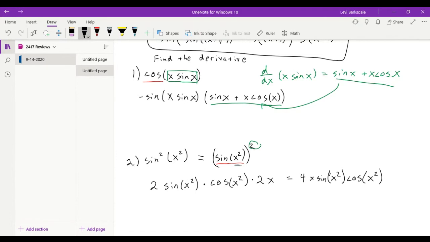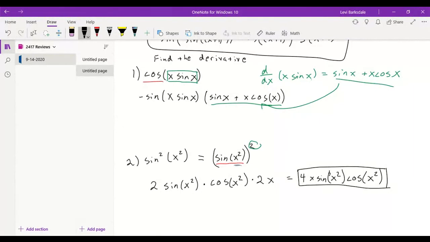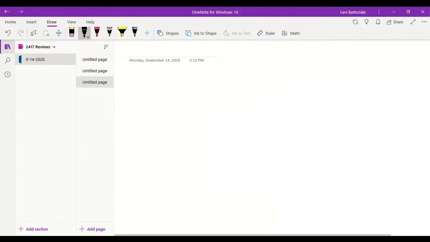And we could simplify that further using trig identities, but for now, this is all I'm going to do. Make sense? All right. In that case, we're going to move on to implicit differentiation.